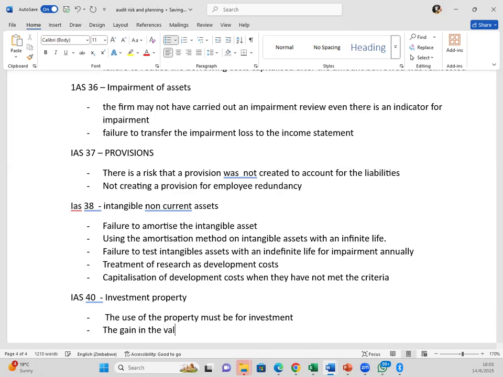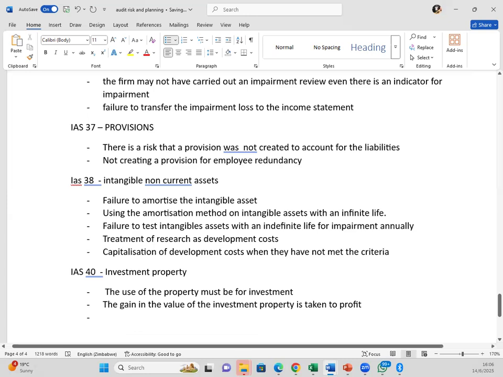If we are using the revaluation model, the gain in the value of the investment property is taken to profit and loss. So they could have taken the gain to other comprehensive income.